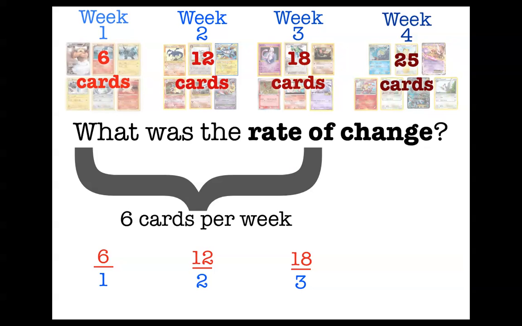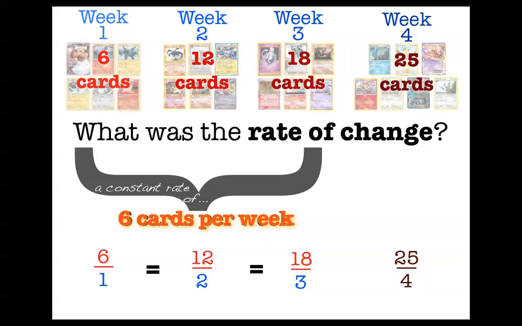Since 6 over 1 equals 12 over 2, which also equals 18 over 3, we would say that this situation had a constant rate of change of 6 cards per week. I was gaining 6 cards per week. The number of cards I had was changing by 6 cards per week.